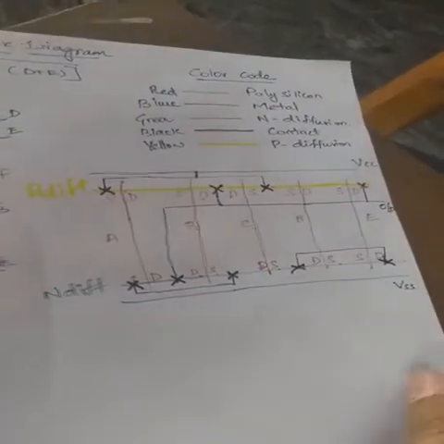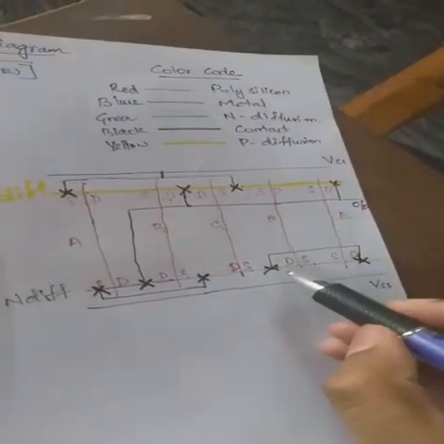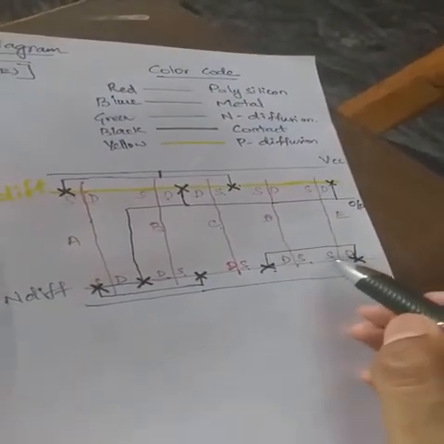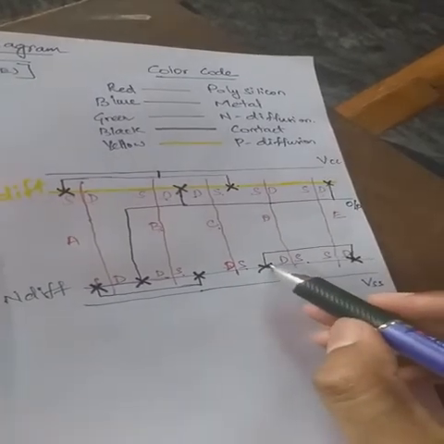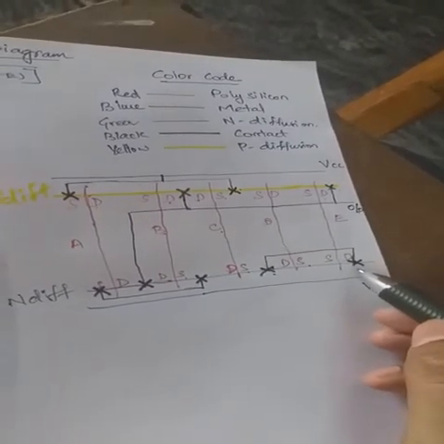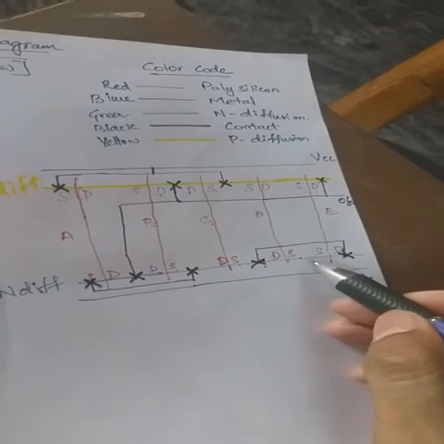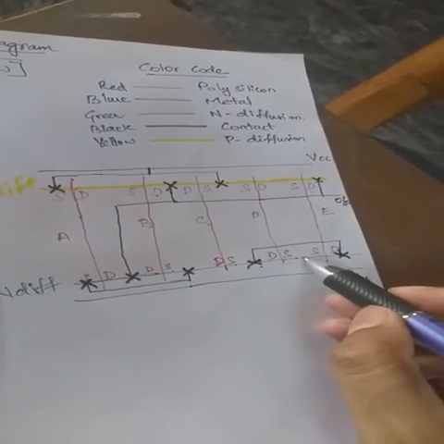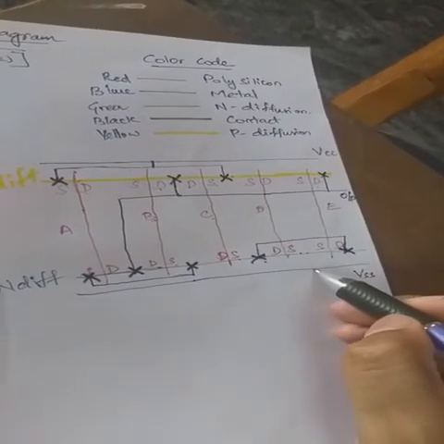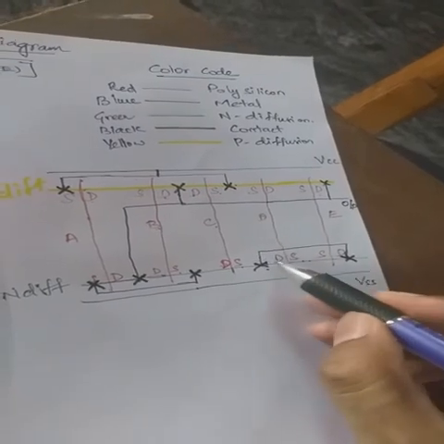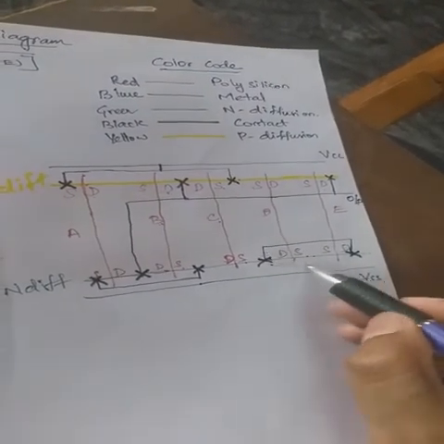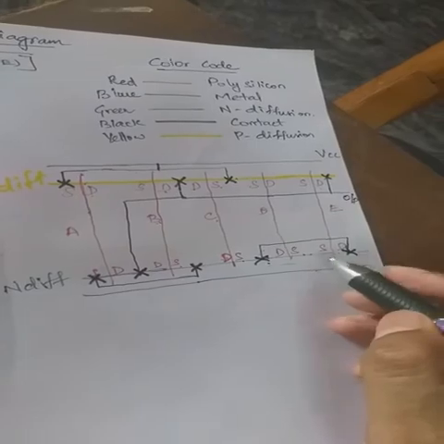So can you guess why I have drawn this at the upper side and not in the downward direction? Yes, you have guessed it right, because this particular part has to be connected to the VSS. If we connect this particular part at the ground side, there will be a short circuit created.